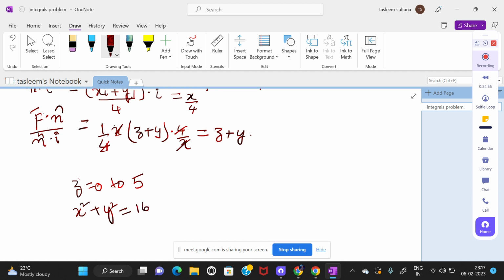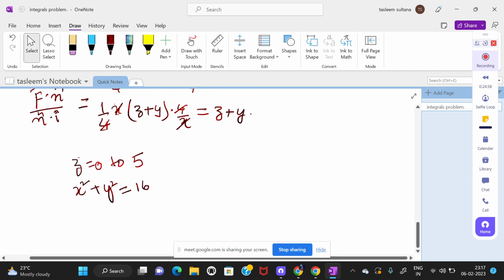So your x is the independent variable and y is the dependent variable. Ma'am, why have we written z from 0 to 5 and x square plus y square equal to 16? It is in the first octant, and z values are between 0 and 5. It is mentioned in the question. We write it to get the limits, yes, for getting the limits only.